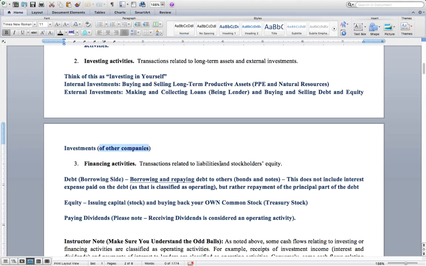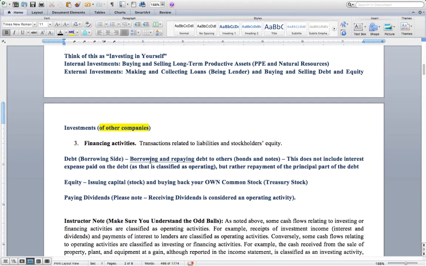The key thing that can be somewhat confusing between some of these categories is the difference between if it's your company's activity, your stock, your debt, or it's someone else's stock and debt. So making sure you understand the difference between internal investments and external investments will be very key in understanding the statement of cash flows.